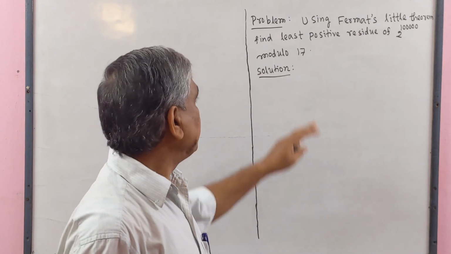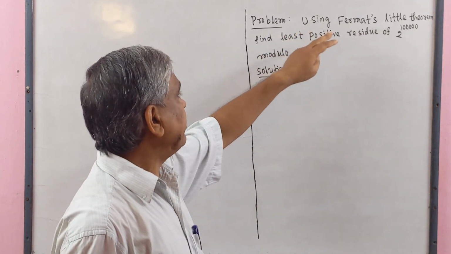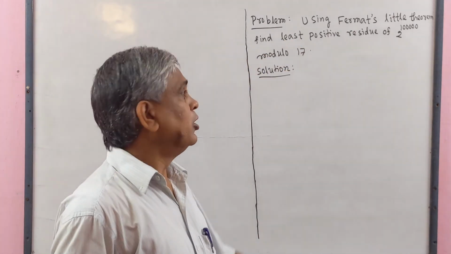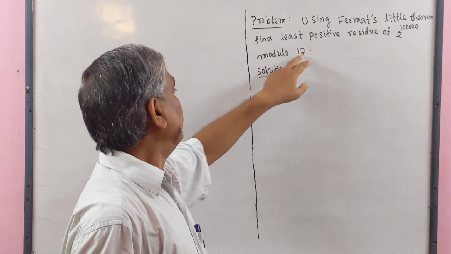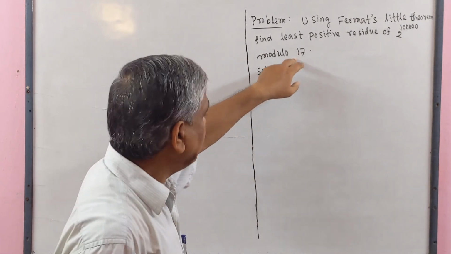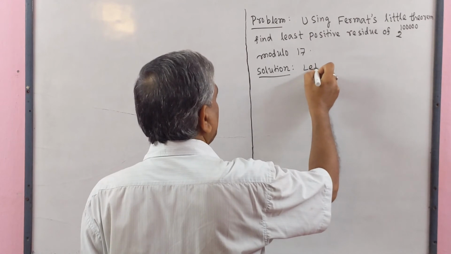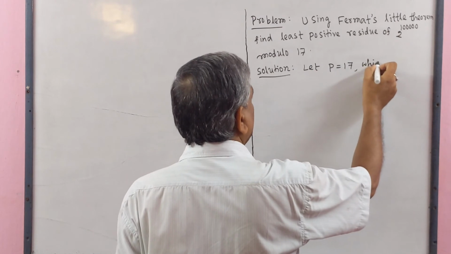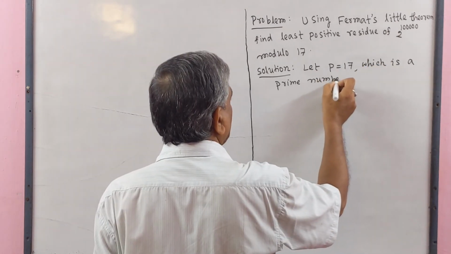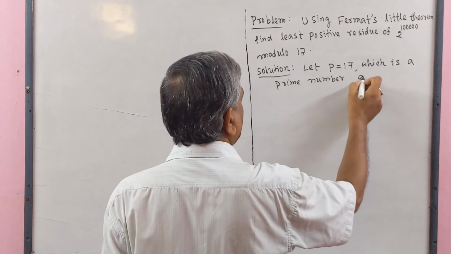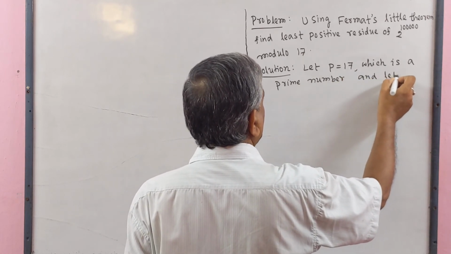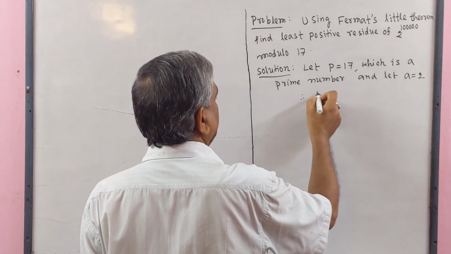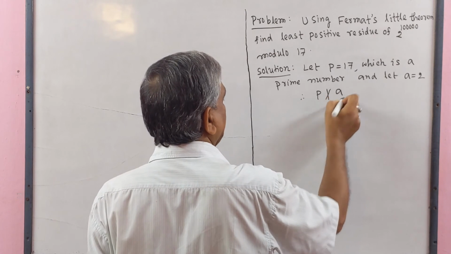Now we solve a problem. The problem is: using Fermat's little theorem, find the least positive residue of 2 to the power lakh modulo 17. Let p equal to 17, which is a prime number, and let a equal to 2. Therefore, p does not divide a.